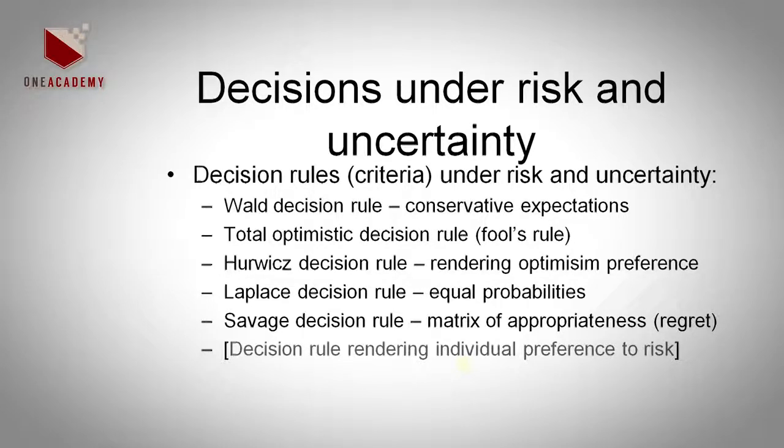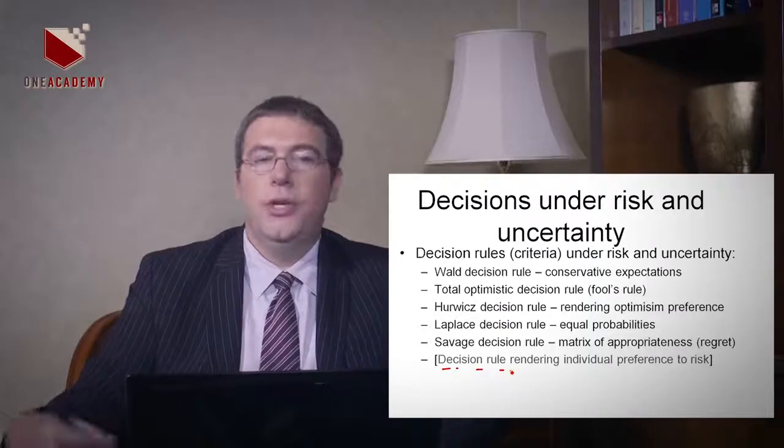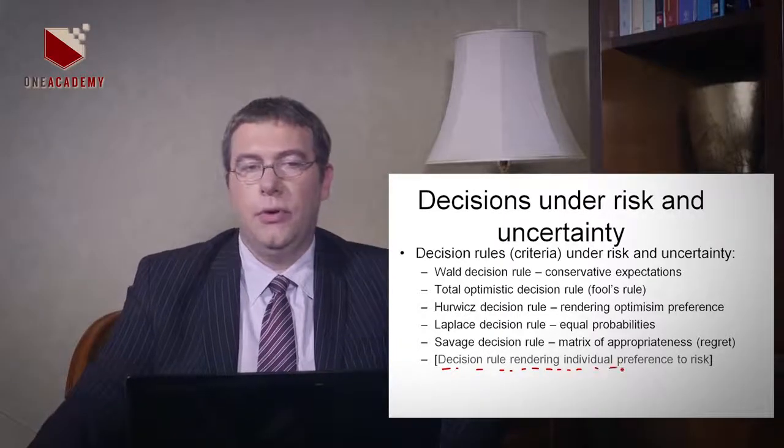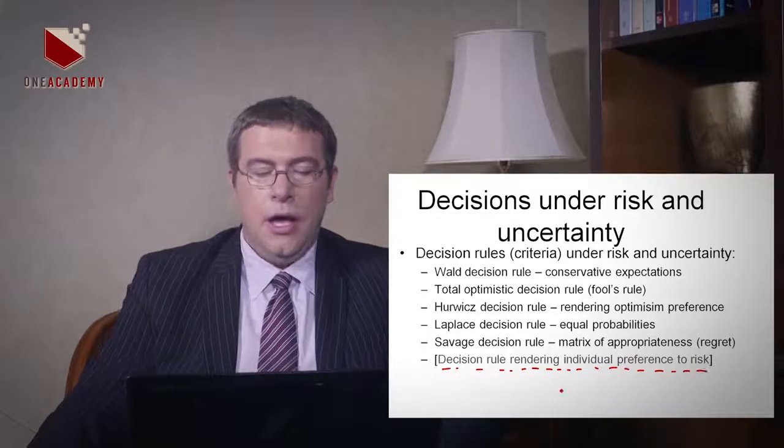Actually there are 6. I'm going to skip the 6th one. It is an interesting decision rule which renders the individual preference towards risk, which is in connection with what we have spoken about in the previous lectures.